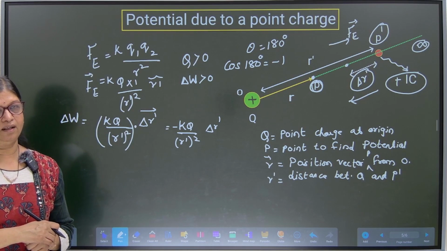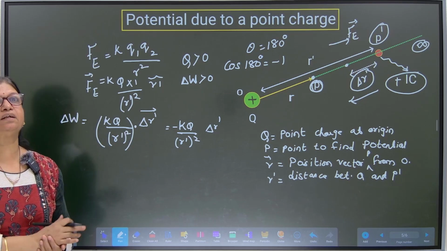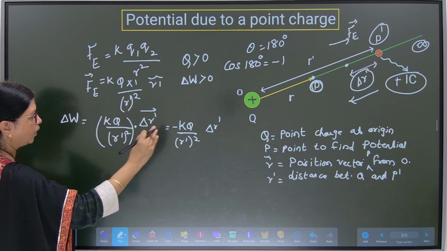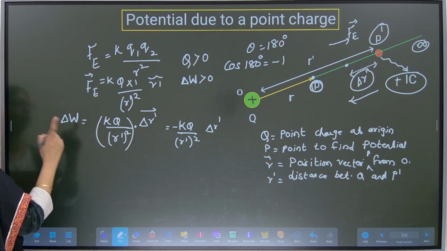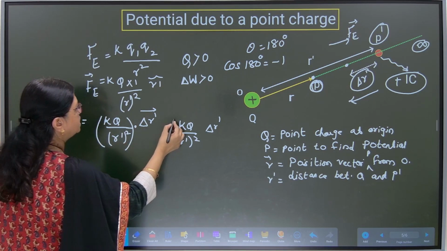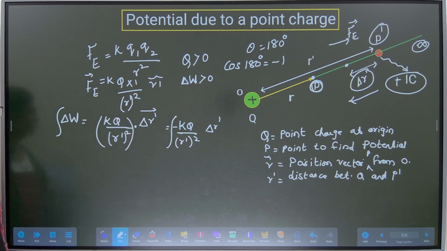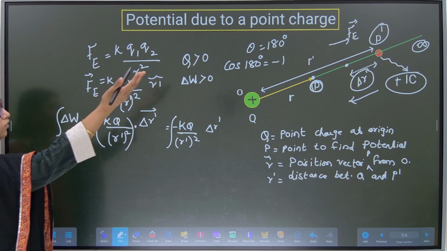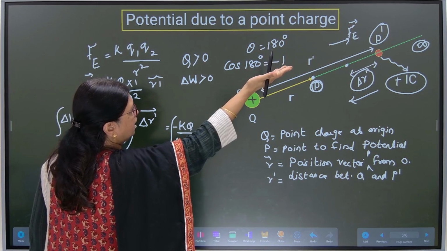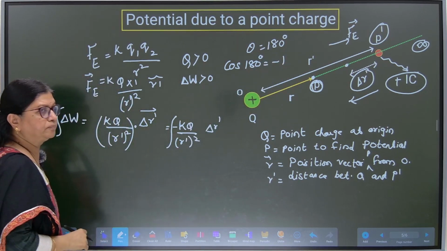What is our work of maths? Integration to understand the total work done. So to get the total work done, I must integrate on both the sides. What is the limit? From where to where am I bringing this charge? From infinity to the point P.